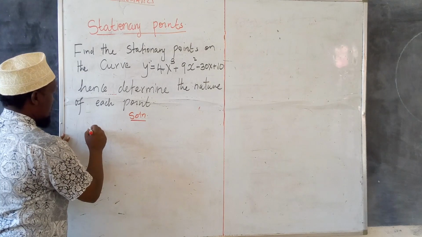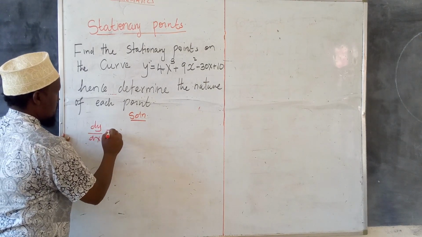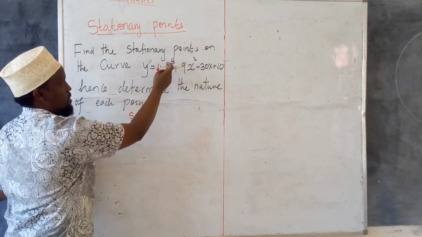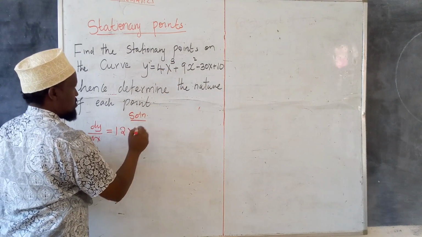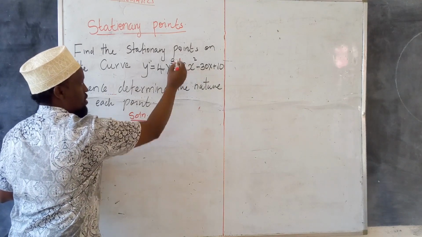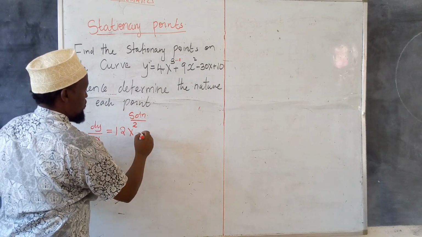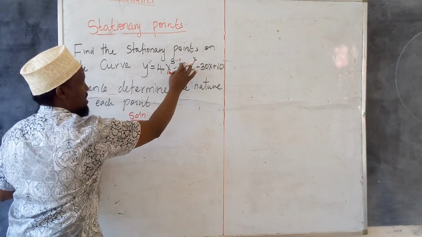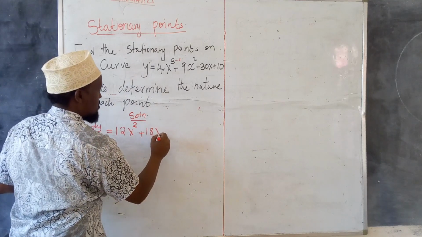Therefore, dy/dx will be equal to, we multiply 3 times 4, we have 12x. You subtract 1 from the power, that one now becomes 2, x squared, plus 2 times 9, we have 18x.